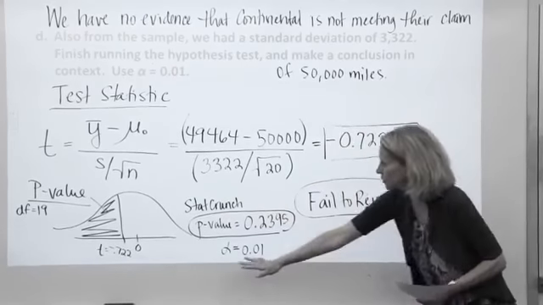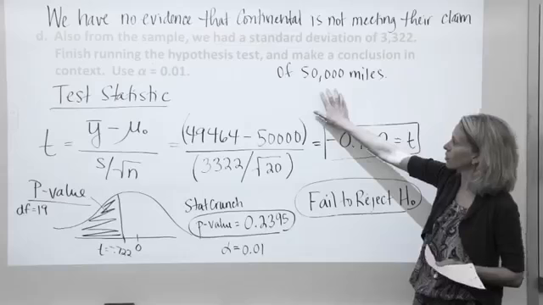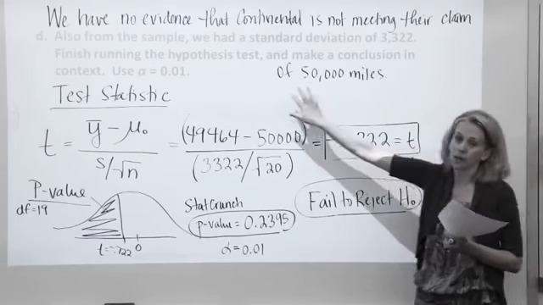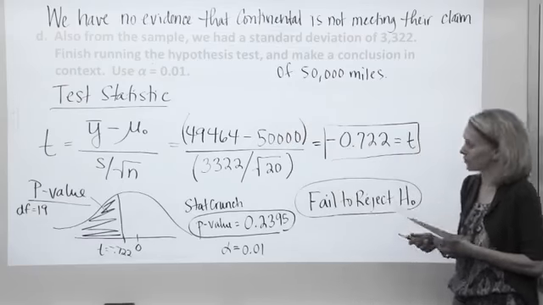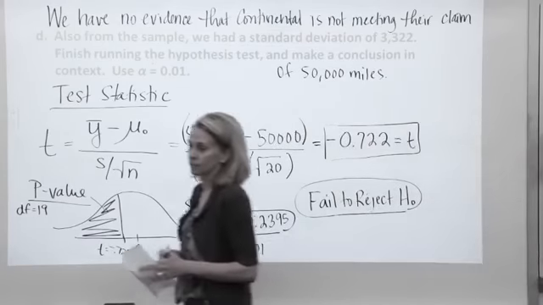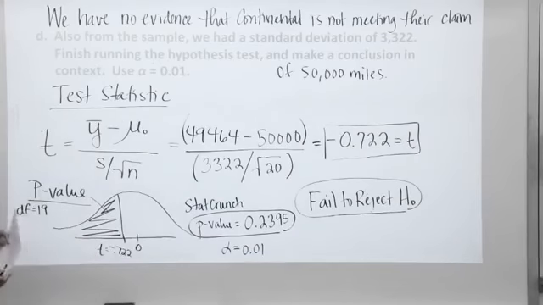In your notes, you have plenty of room. You should just write that right below here. But our conclusion in context, we have no evidence that Continental is not meeting their claim that the tires should last on average 50,000 miles. All right, so that's the hypothesis test part of this problem.